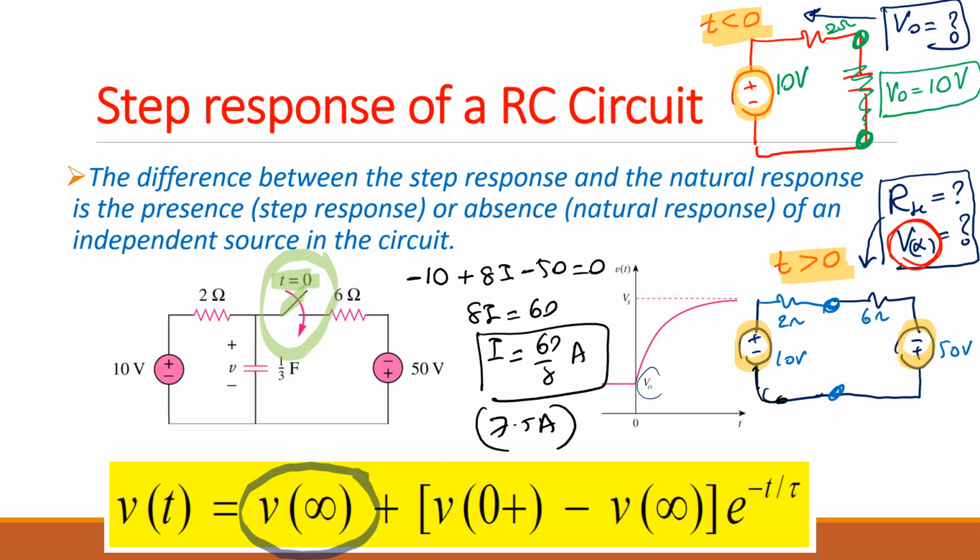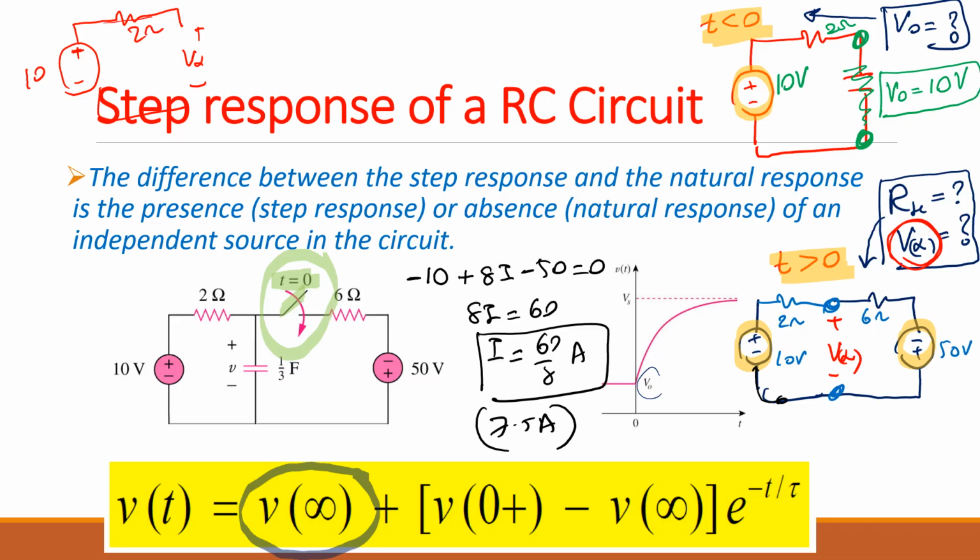Now you can find the voltage across the capacitor here, voltage V infinite. So that V infinite you can write considering the left hand side or right hand side. If you consider the left hand side, what do you have? You have this 10, and you have here plus and minus V infinite. So you have 2 ohms here.